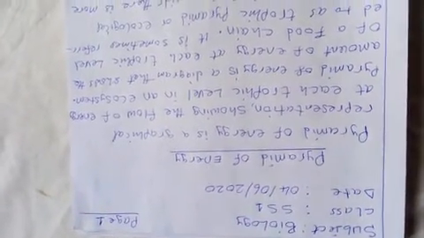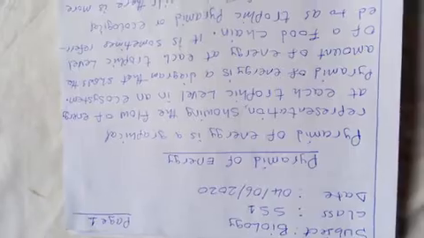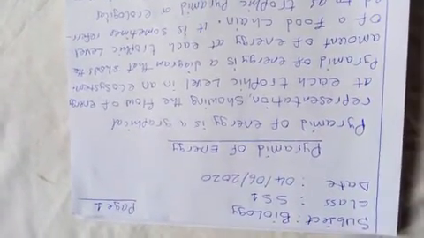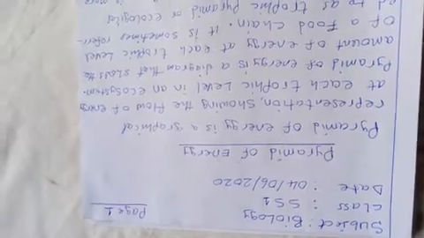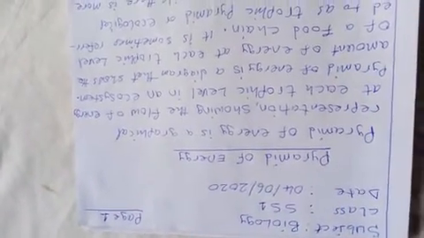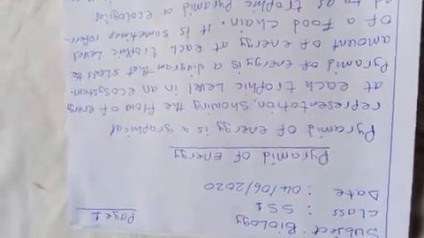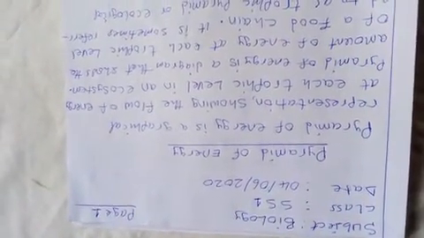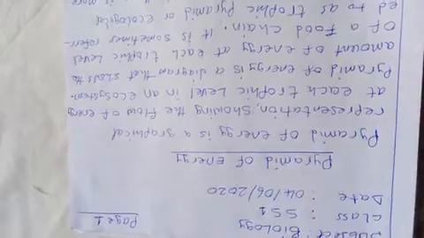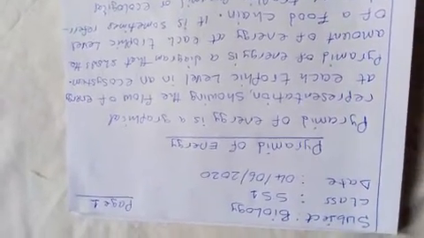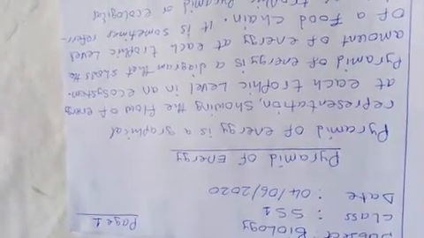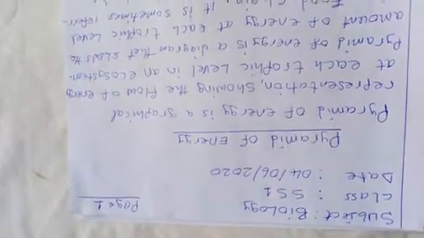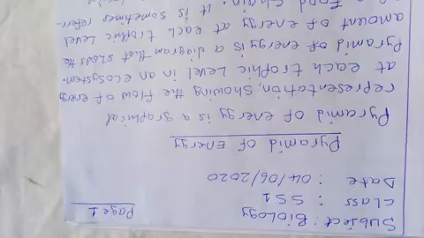In our last class, we looked at ecological pyramids. And I told you that trophic levels in a food chain can be represented in a diagram form known as a pyramid. And I told you that pyramids are of three types. We have pyramid of numbers, pyramid of energy, and pyramid of biomass.